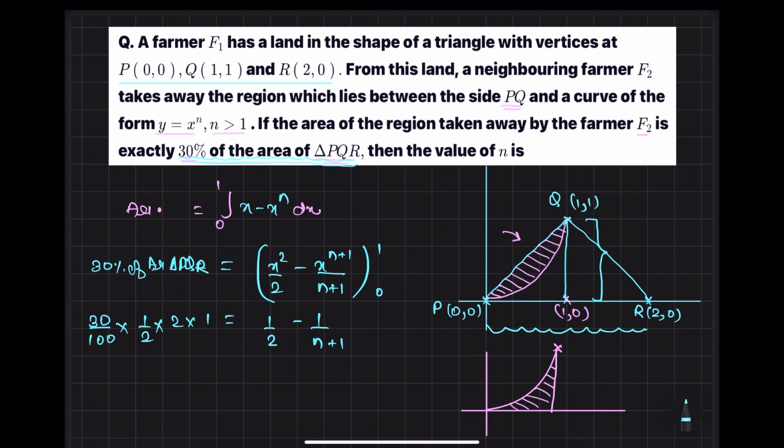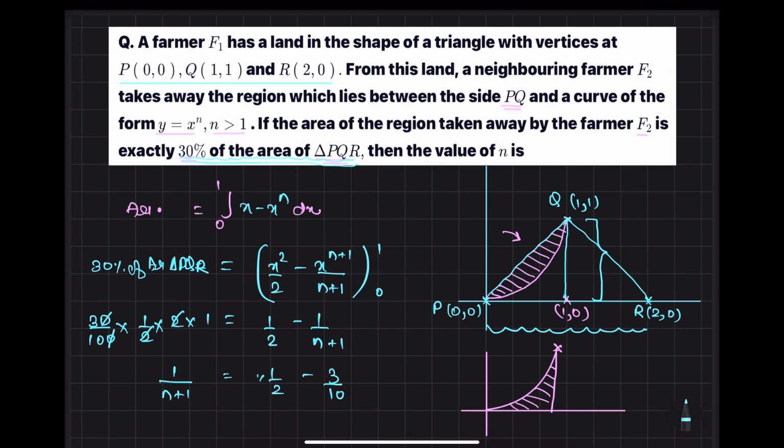Now look at this. So now you can play Fruit Ninja. This thing done, this thing and this thing done. So look at how we will respond. I will take the variable part on one side: 1 by n plus 1 is equal to 1 by 2 minus 3 by 10.